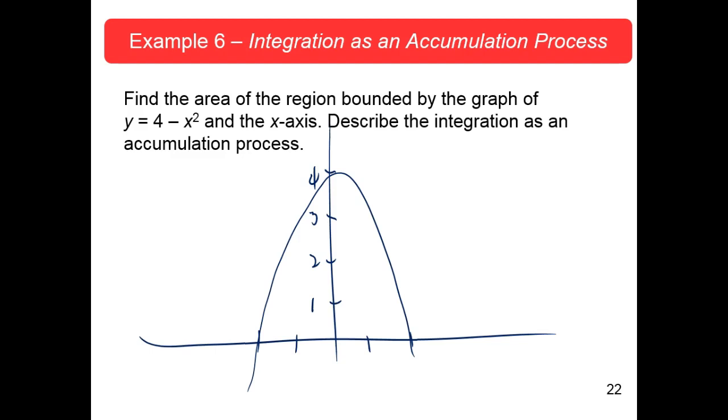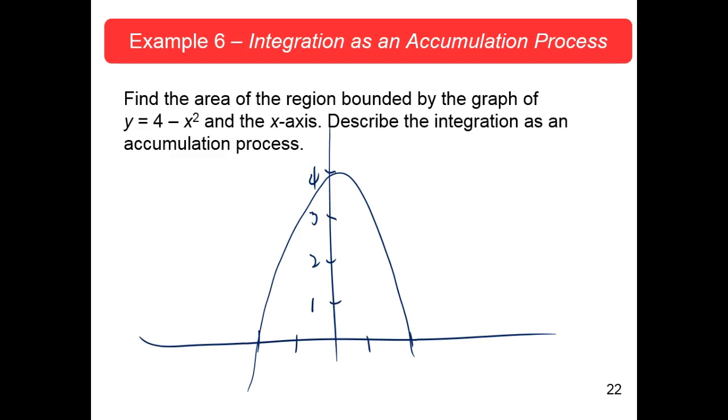There it is. It's a parabola, but it's concave down because your leading coefficient is negative, so we have all that kind of information. It's going from minus 2, that gives you a 0 here, and plus 2 gives you a 0 there. And when x is equal to 0, that gives you 4.